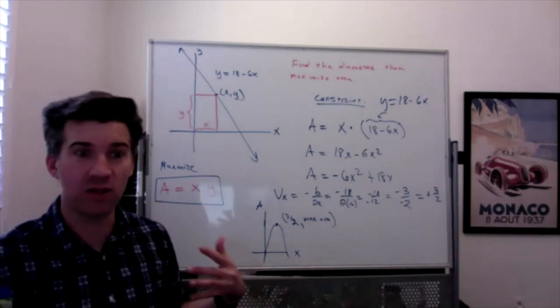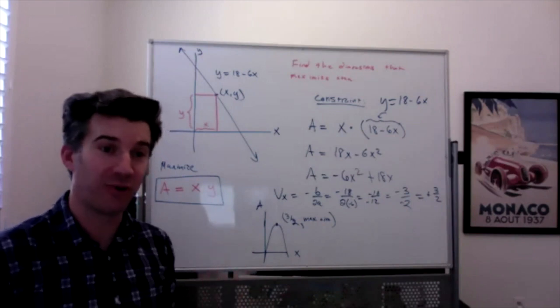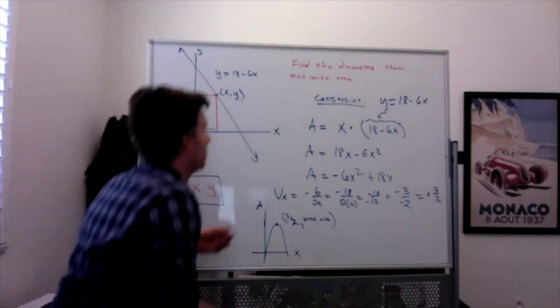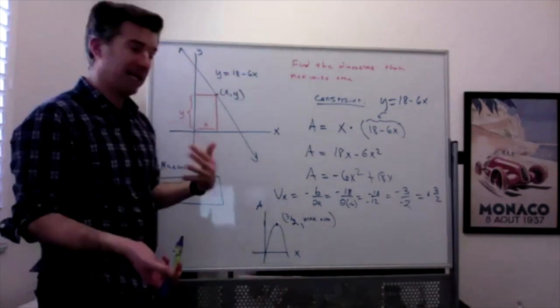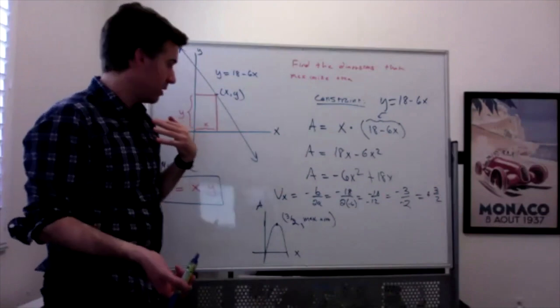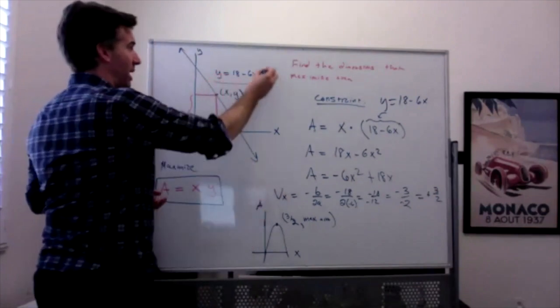But when I'm trying to do these homework problems, I'm usually trying to do not too much extra work that wasn't asked for. So if we look back at the question, it was, find the dimensions that maximize the area. So I know that x has to be 3/2. X being 3/2 will give us the most area. And then instead of figuring out what the area is, I'm just going to figure out what y is.